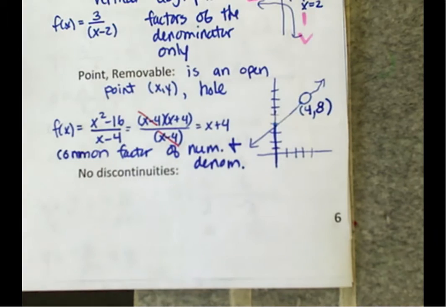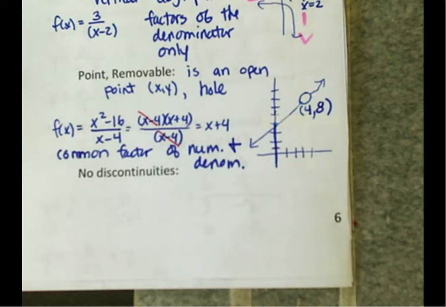Just like the first 6 questions we graphed today, there is no factoring, there are no common factors. Most things that we do algebraically have a visual representation. If algebraically we get a common factor, it will be represented by an open hole in the graph, just like a factor of the denominator only is represented by a vertical asymptote in the graph.